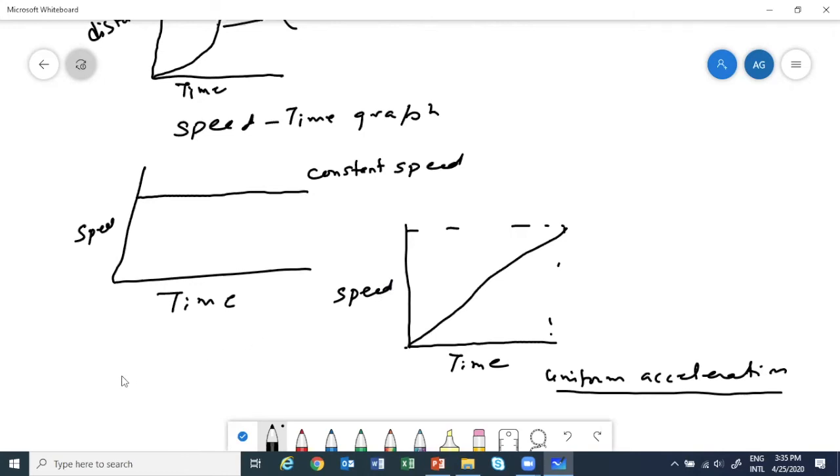So you understand, if it is this type of graph, this is speed, this is time, what is this graph called? Uniform retardation.